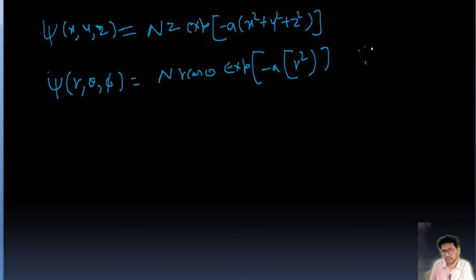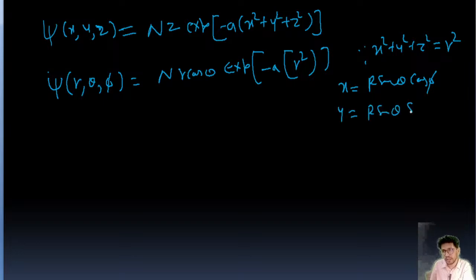In the spherical coordinate system, x square plus y square plus z square equal to r square, and x equal to r sin theta cos phi, y equal to r sin theta sin phi, and z equal to r cos theta, right?